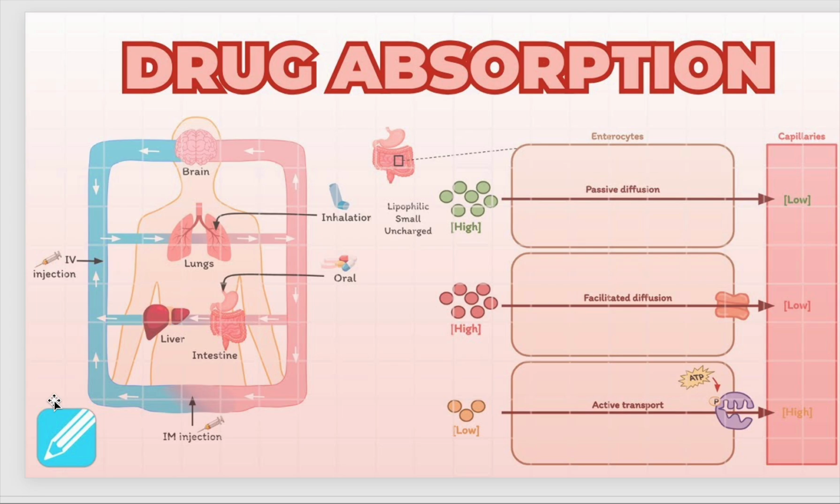Now, another and one of the most important things is the ionization state of the molecule, which refers to whether the molecule prefers to stay in an ionized form or unionized form. This influences its solubility and permeability. Now, let me explain. We have different pH variability throughout our body.